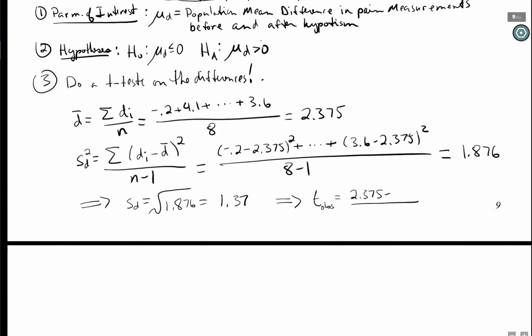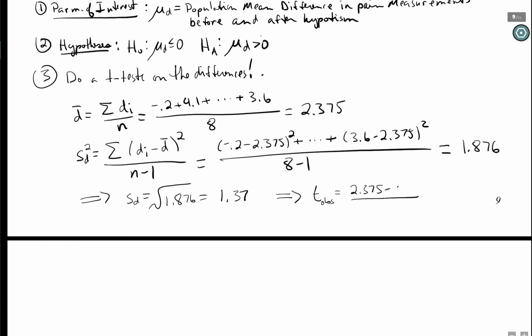So I have a 0 here, and 1.37 divided by the square root of 8. If you do that computation, you will get a t statistic of 4.9, which is really a large test statistic.